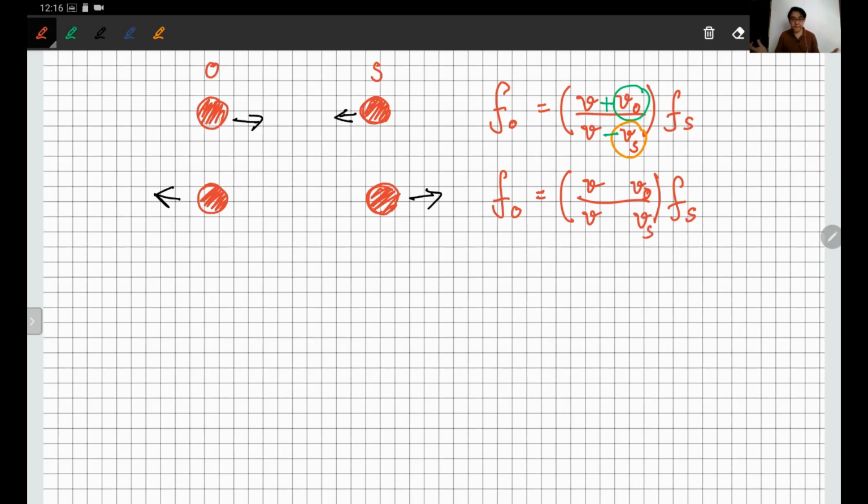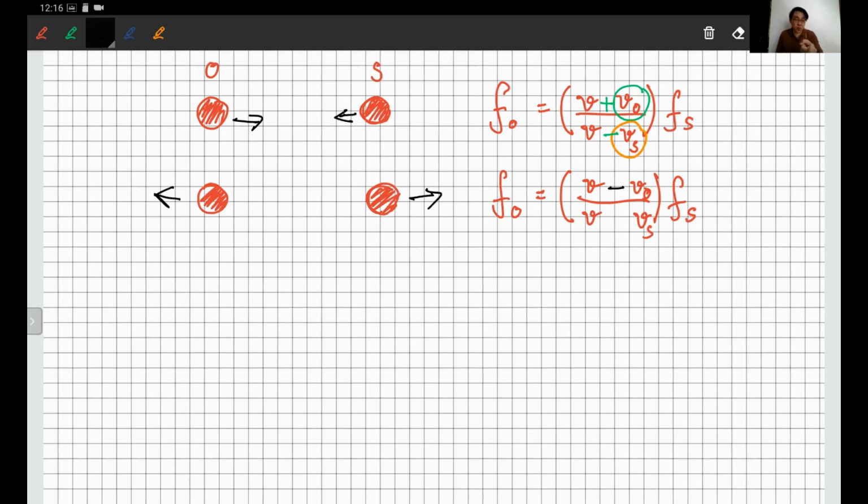Okay, looks good, yeah? All right, let's start from the observer. Observer is running away from the source. So the observed frequency should be lower. However, because the observer velocity is in the numerator, I pick negative sign there. Lower the net number, all right, V minus something.